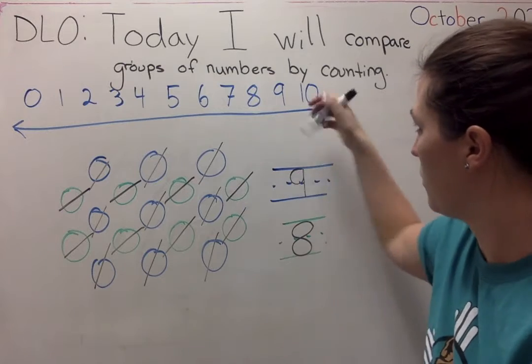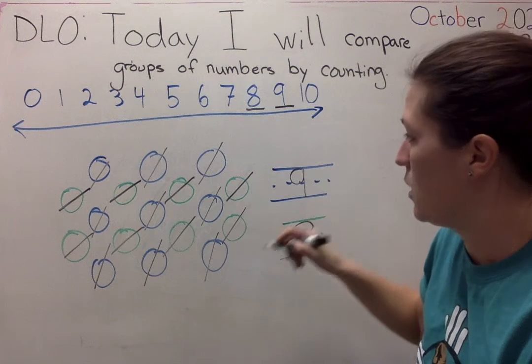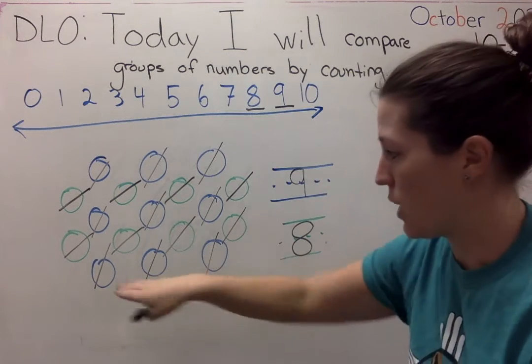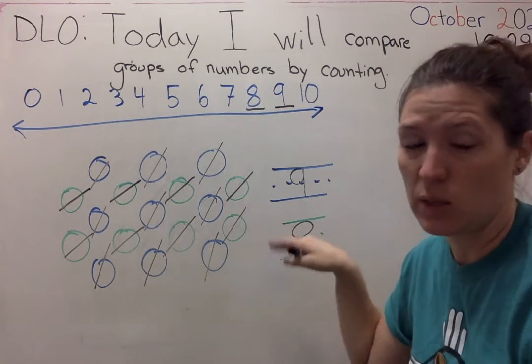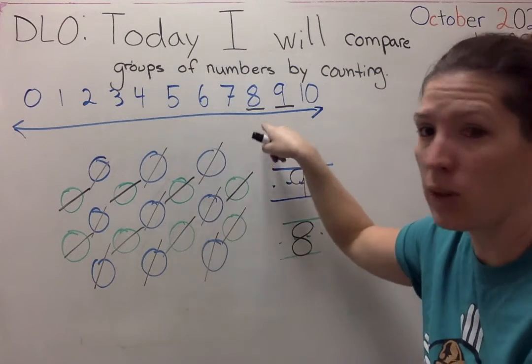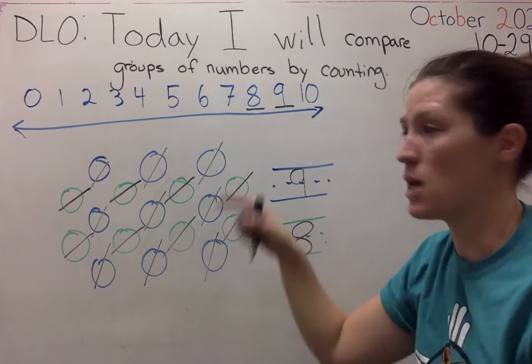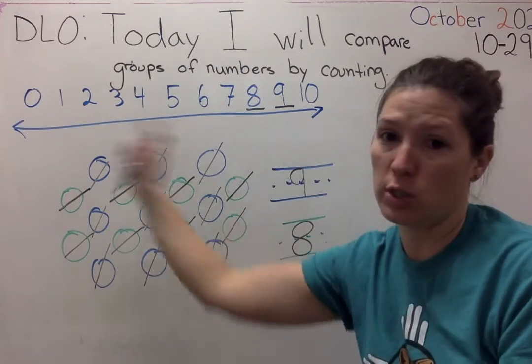So I'm going to mark them on my number line so I can see where they are. Yesterday we had them lined up in rows so we could see which group had more, but now we're just seeing our numbers because they're scattered. So that's why I'm using the number line to figure out which number is less, not as many. The number that's less is closer to 0.